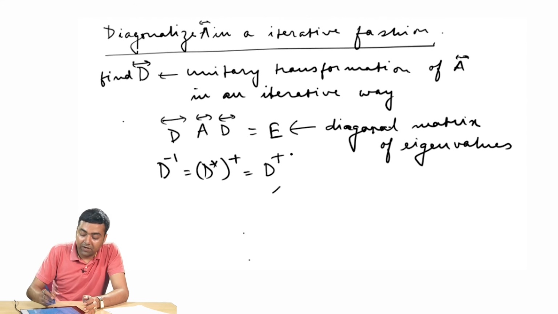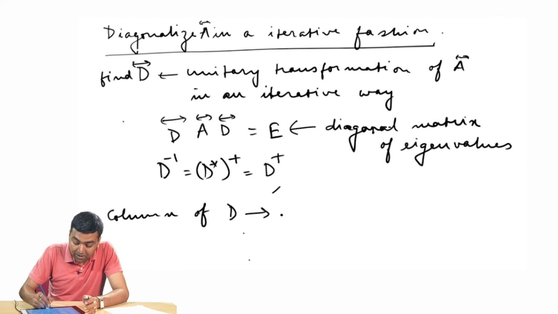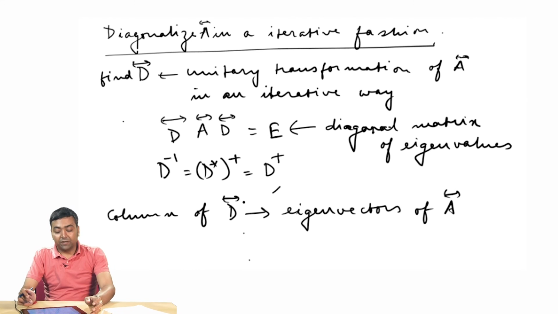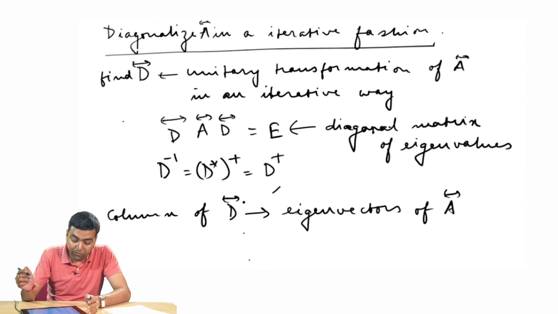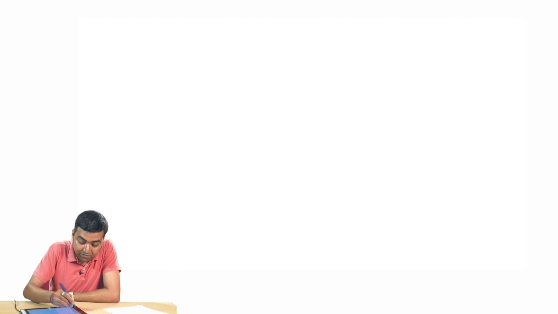Then one can show that the columns of D are the eigenvectors of A. So, columns of D contain the eigenvectors of A. We are going to show that in a minute's time. This equation I am calling equation B. So, let me start with equation B.